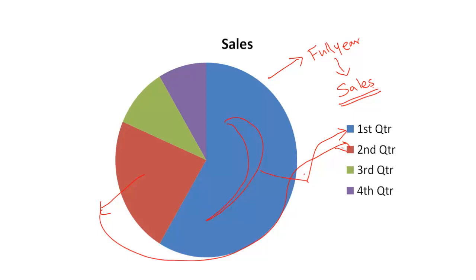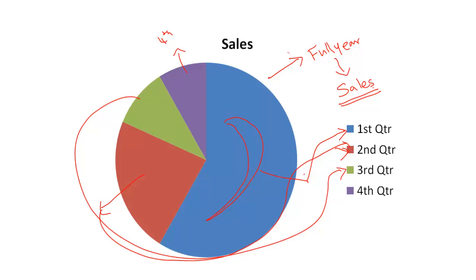The third majority has come from your third quarter, and the fourth is from your fourth quarter. So at a glance, you can understand which period or which sector is contributing more, and that you understood by dividing the pie into different sectors so that each represents a numerical proportion.